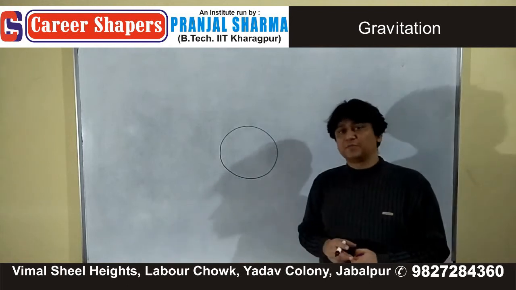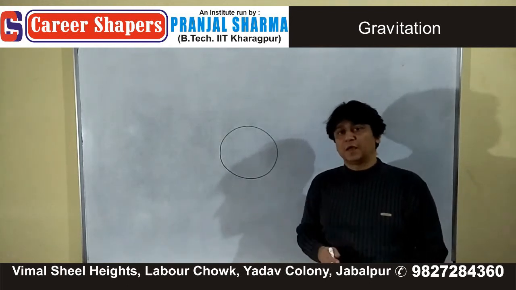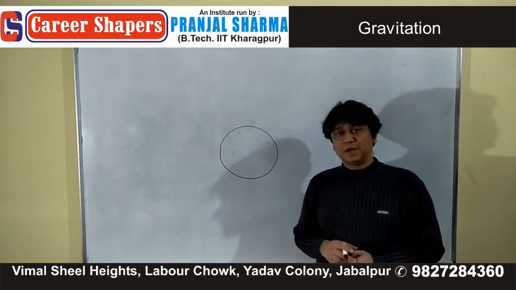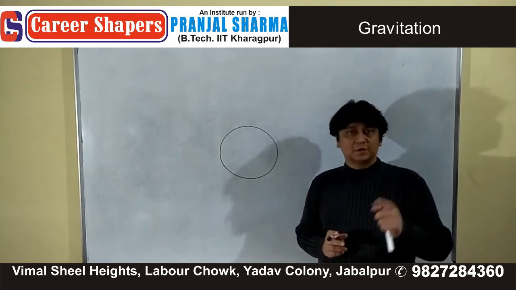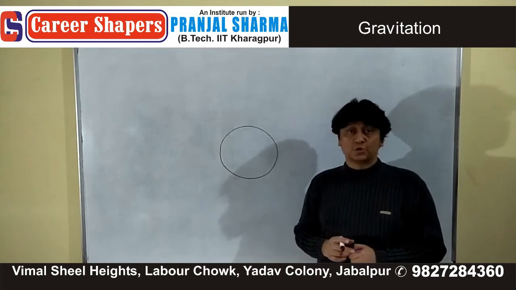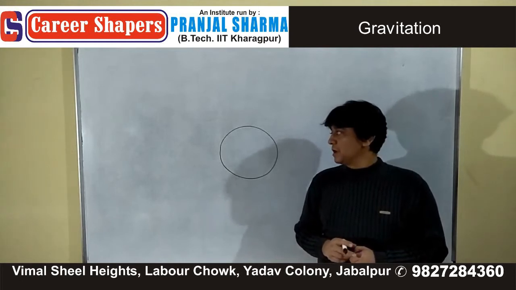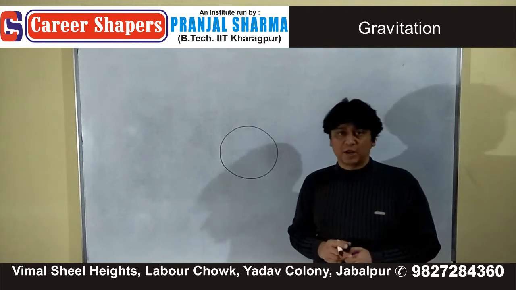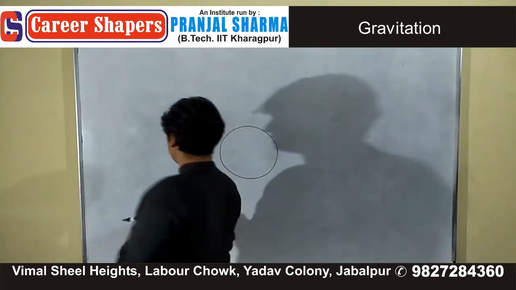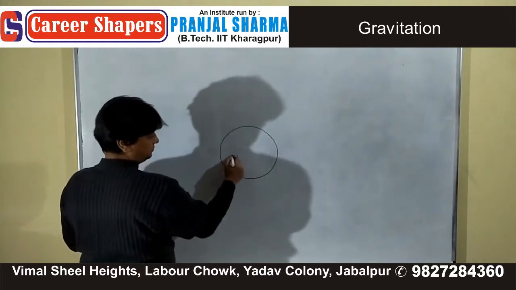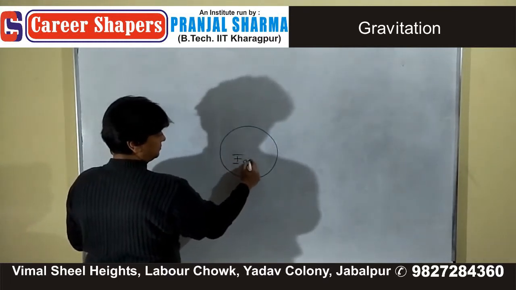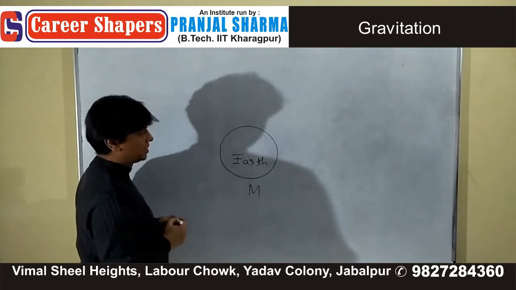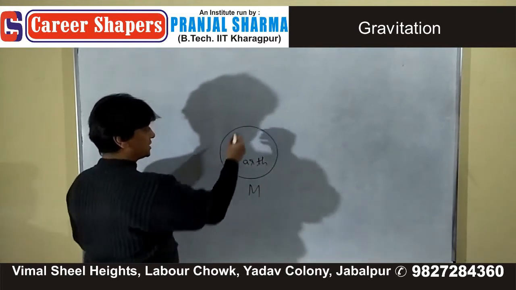When you say that something doesn't come back and fall down on the surface of Earth, that means it has moved to a region where there is no gravity. And that place is at infinity. So, this is Earth. Its mass is M. That's your projectile.